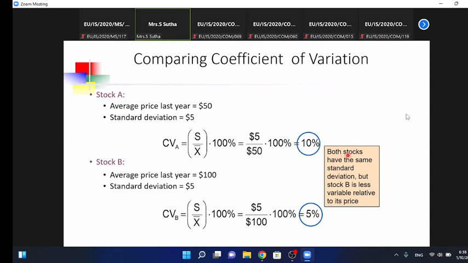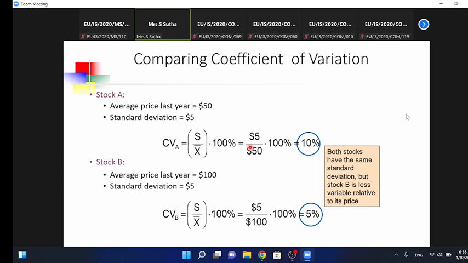So here both stocks have the same standard deviation, even though stock B is less variable relative to its prices. So if you want to make an investment in stock A or stock B, what will be your answer?